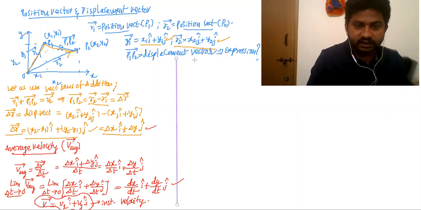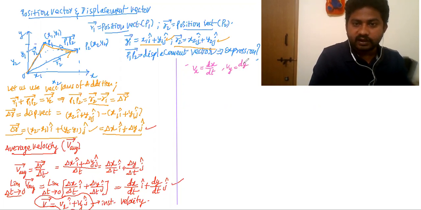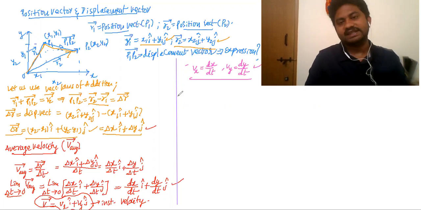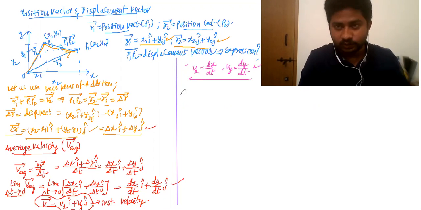In instantaneous velocity, what we had written: Vx is equal to dx by dt, and Vy is equal to dy by dt. So let us talk about directions of this instantaneous velocity and average velocity.